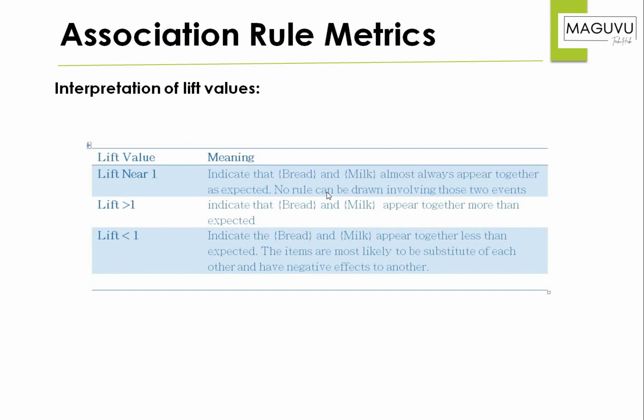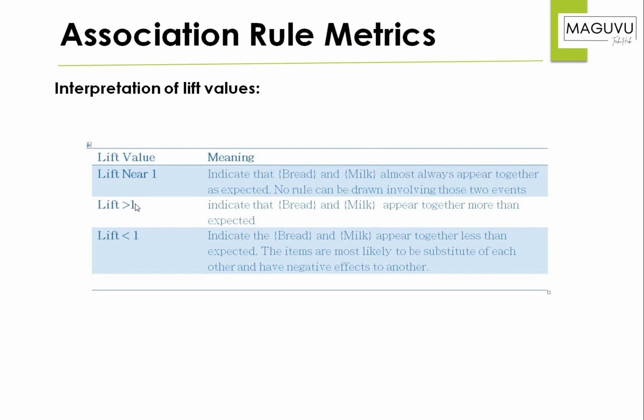But from that conclusion itself, there is no rule that we can draw involving the 2 events, right? In other words, we can't say that that relationship, or the dependence, or the correlation is strong. We would then want to look much at the lift which is greater than 1.